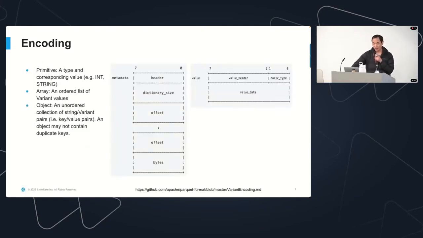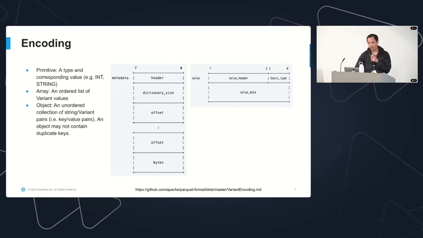So then let's come into the encoding and decoding part. For basic variant support, it's stored in two binaries: one is a value, one is metadata. There are two fields. The data, as we mentioned before, like primitive type, array type, or objects, can be stored in variant.